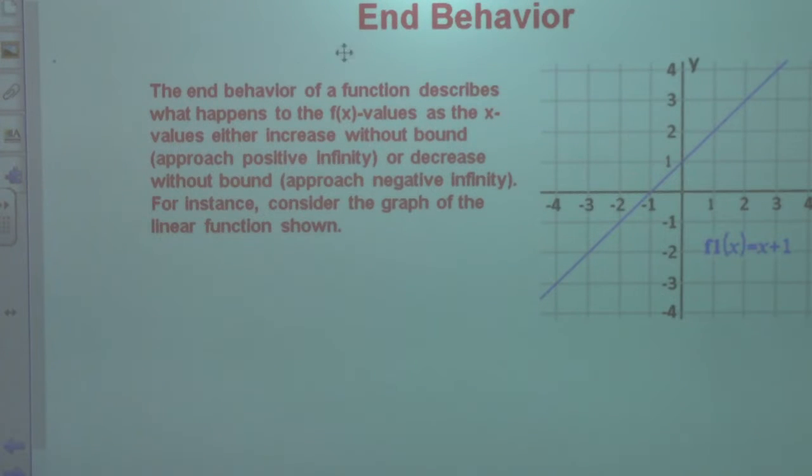Now we're addressing end behavior. The end behavior of a function describes what happens to the f of x values as the x values either increase without bound, which means approaching positive infinity, or decrease without bound. For instance, consider the graph of the linear function shown.